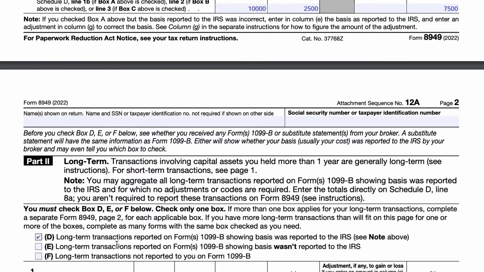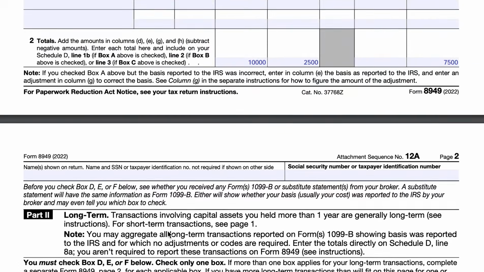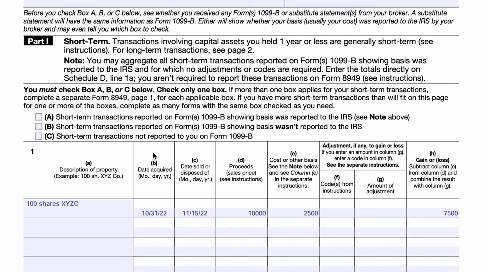But you could have one where you put all of your box D, box E, box F, and then you would have to do the same with A, B, and C. Once you aggregate all of those numbers, then you would end up carrying that combined total onto your Schedule D.